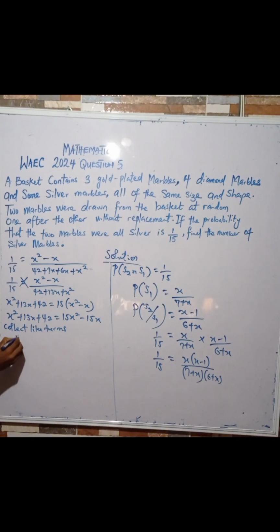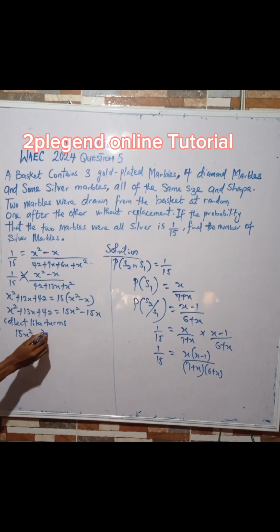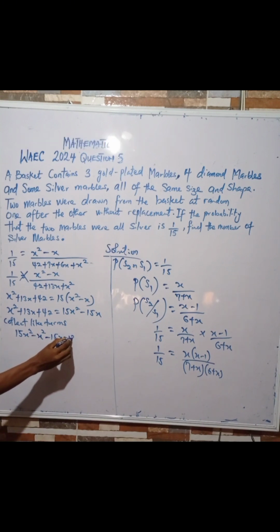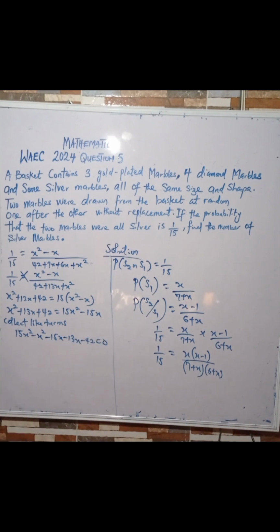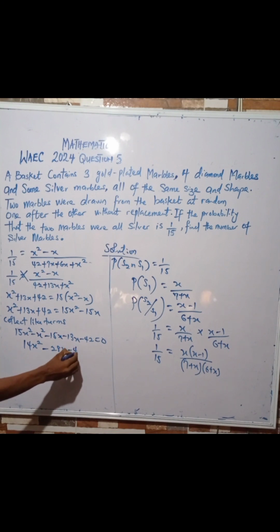So this becomes 15x squared minus x squared, minus 15x minus 13x and minus 42 to be equal to 0. If you look at all this, this then becomes 14x squared minus 28x minus 42 is equal to 0.